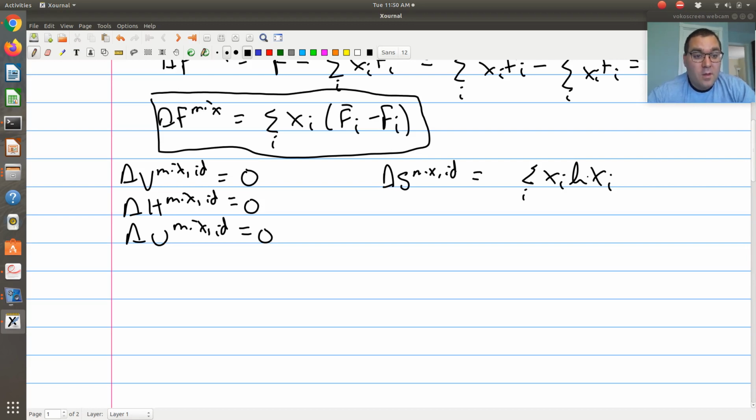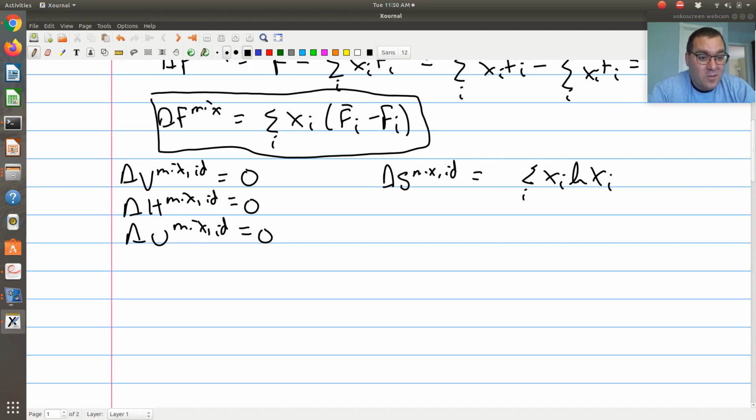So xi is always going to be less than 1. In the pure component limit, xi is equal to 1, you get delta S of mixing is 0, right? But you're mixing pure A with pure A. That's not really fun. But in general, for a mixture, you're going to have that xi is less than 1, so xi is going to be between 0 and 1.